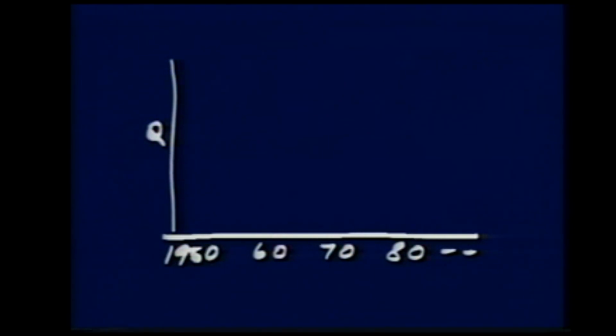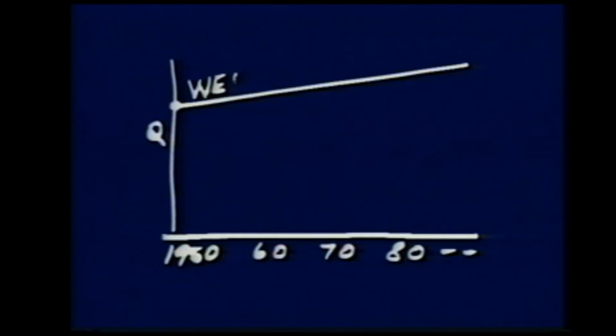In 1950, Western quality was high. It has kept improving, but at an evolutionary pace. In 1950, Japanese quality was poor.